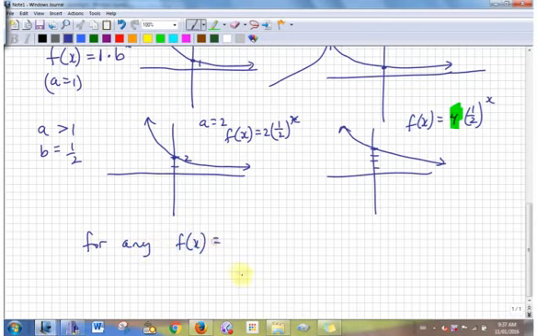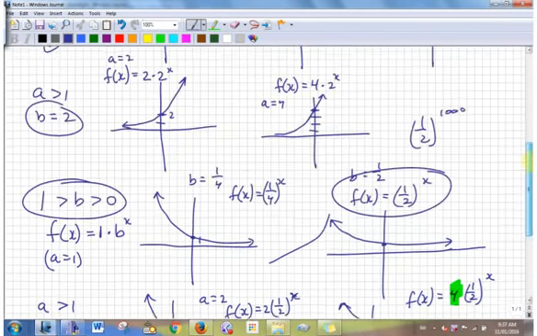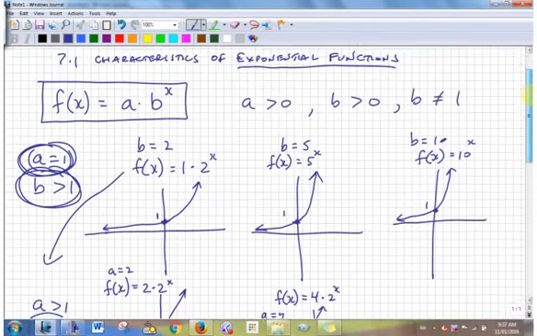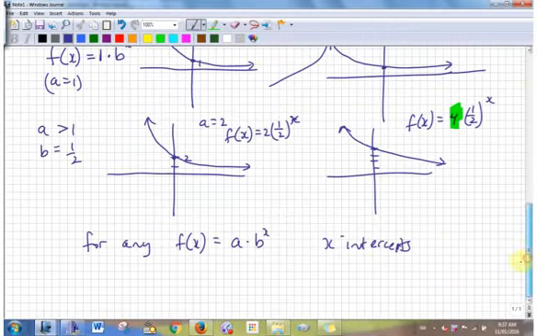But in general, for any exponential function, let's write down a couple of things. Characteristics. What are the x-intercepts of any one of these graphs? What do you see? How many times did these cross the x-axis? They didn't.